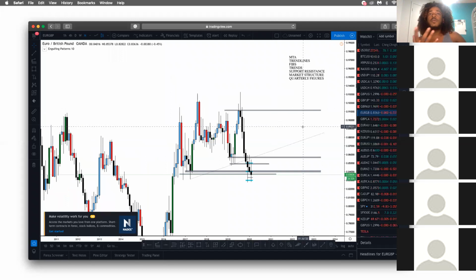So we see that this trend line was broken and it was retested, right? So we know based on observation, one, we had support and resistance levels broken on the monthly. Two, we have trend lines broken on the monthly, right? So that's telling us this pair is going down.